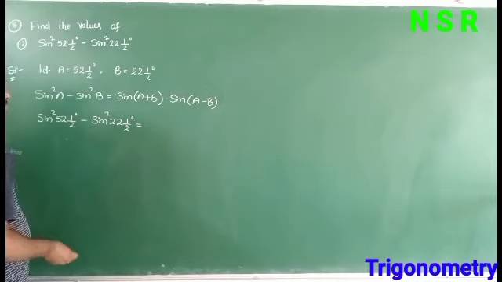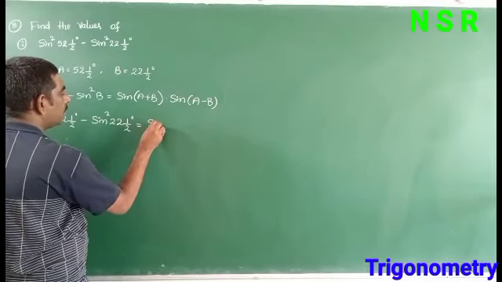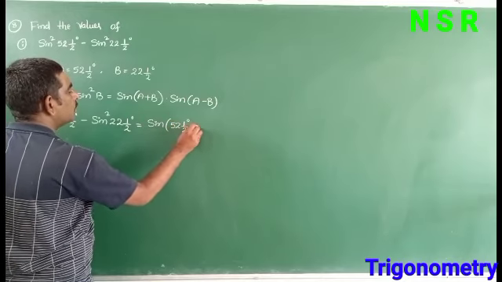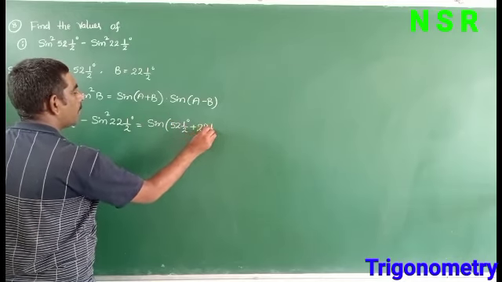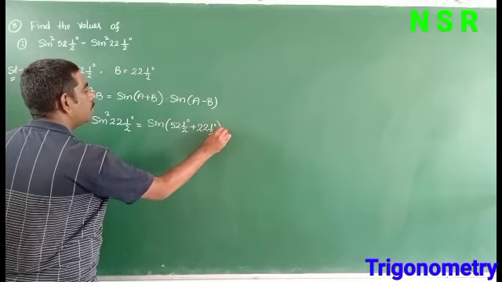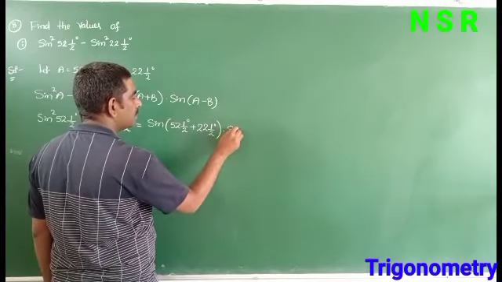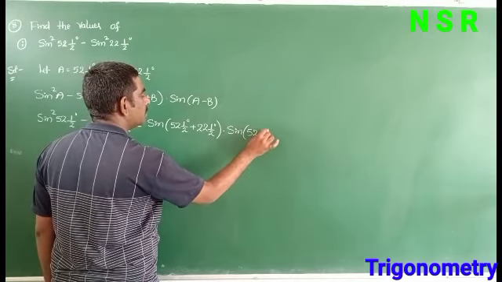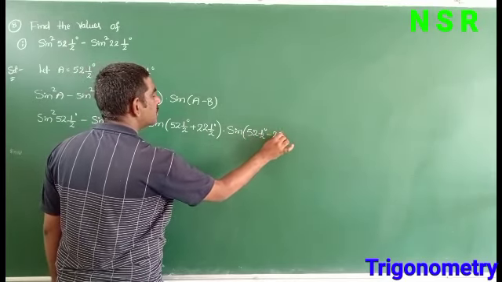So sin square 52.5 minus sin square 22.5 is equal to sin of a plus b, so 52.5 plus 22.5, into sin of a minus b, 52.5 degrees minus 22.5 degrees.